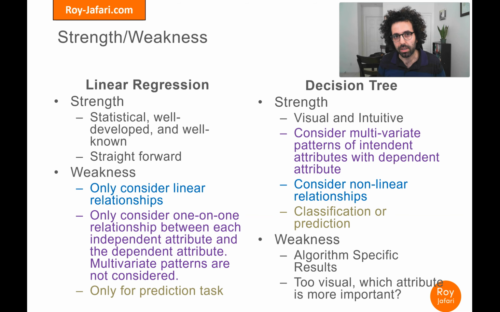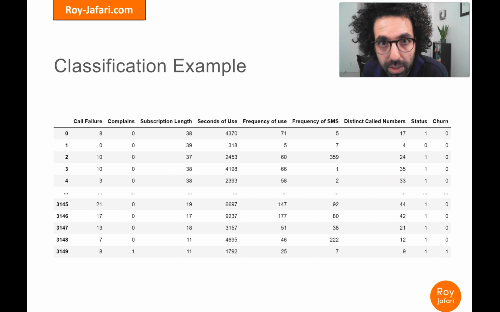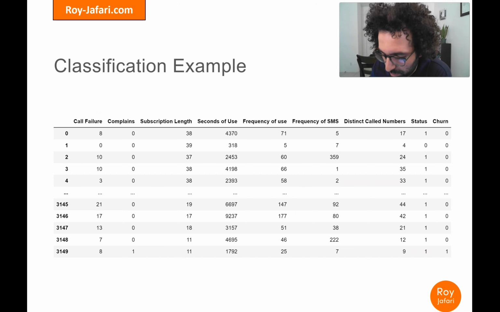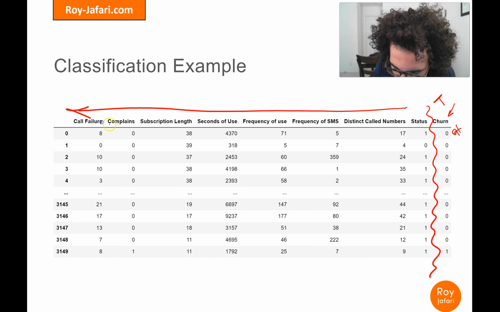Let me give you another example to understand what I mean by this being too visual. Here we have another problem, a classification problem. The other one was a prediction. And what's the difference between classification and prediction? It's that our dependent attribute, or our target, is categorical, but the other one wasn't categorical, it was numerical. Of course, these are our independent attributes, and this is our target.